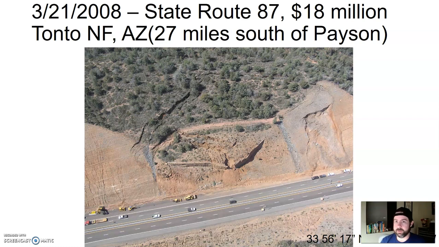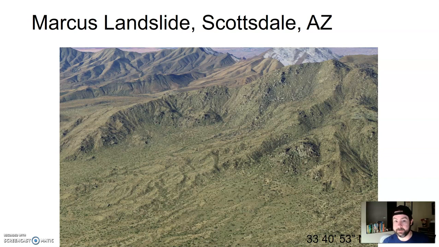And then maybe probably the most famous mass wasting event in Arizona, and it's been studied. Oftentimes it's cited in geology textbooks, which we don't use. It's the Marcus landslide, just over the McDowell Mountains in Scottsdale, Arizona.